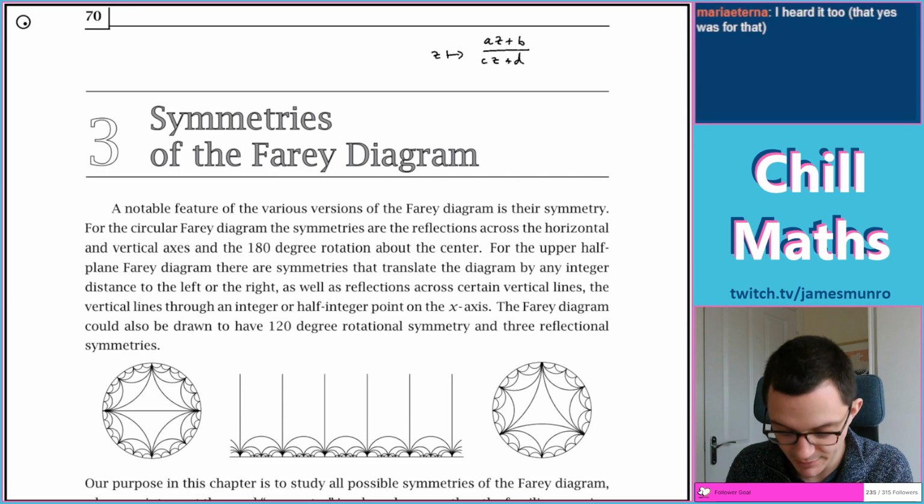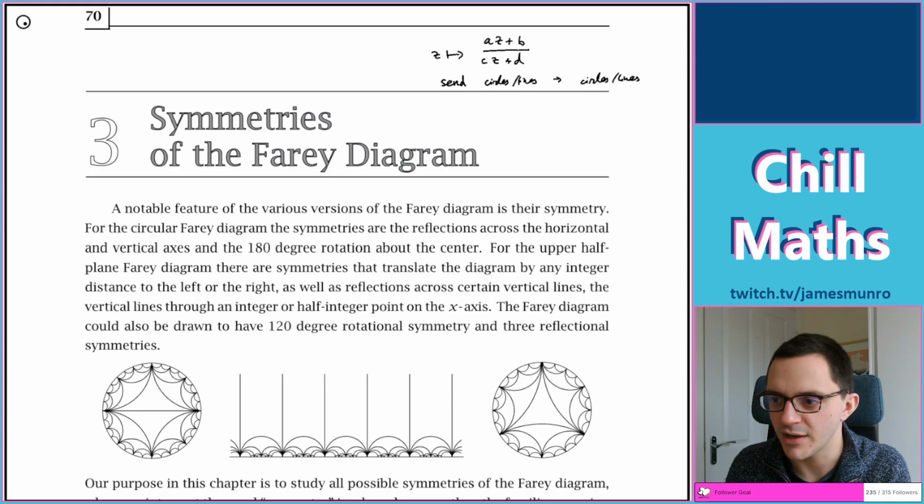I could be completely wrong, but I think we're probably going to see some of these, because the result is that this sends circles or lines to circles or lines. It kind of mixes those concepts together. A straight line is just like a really big circle, and this map kind of mixes those two things together.